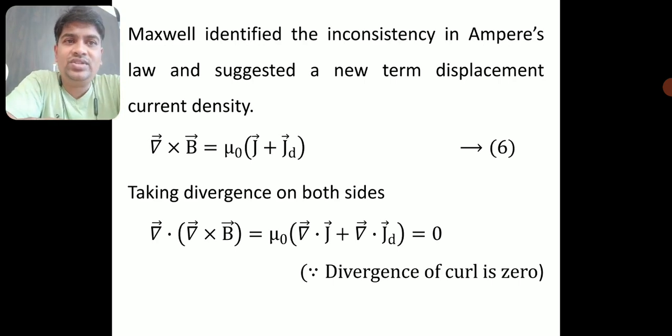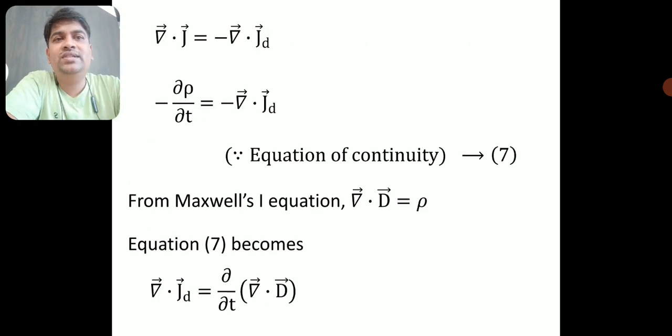Now take the divergence. Divergence of curl of B is equal to μ0 times divergence of J plus divergence of JD, which is equal to 0. We know divergence of curl of a vector is 0. Now it is not simply divergence of J which is equal to 0. Divergence of J plus divergence of JD is what equals 0. So divergence of J is equal to minus divergence of JD.